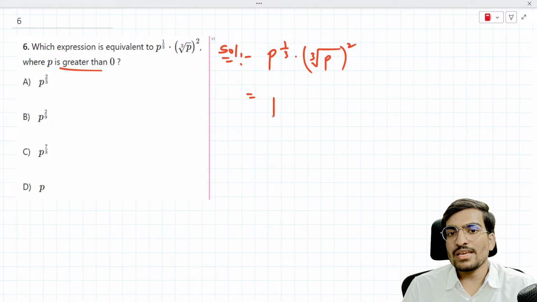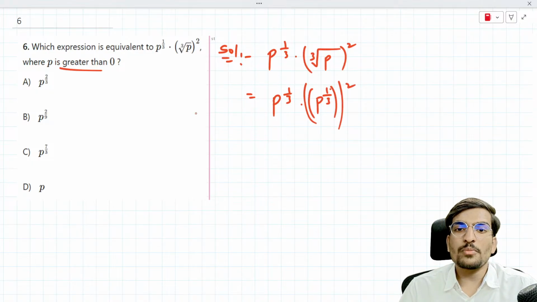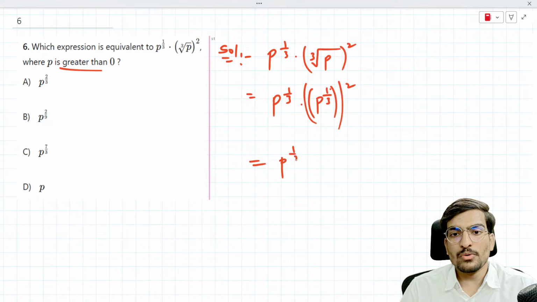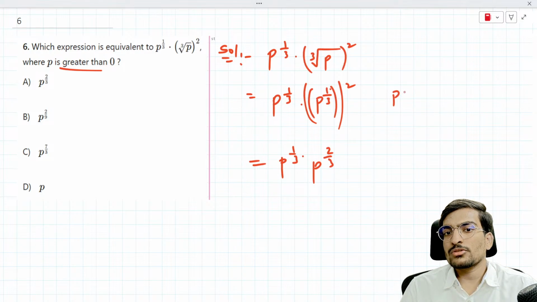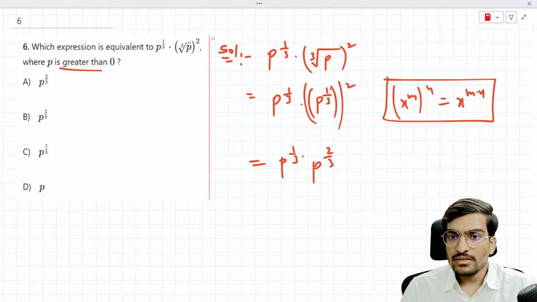When bases are the same, p raised to the power of 1 by 3, p whole power 1 by 3, because I just turned that root into an exponent, because in the options there is no root, that's why I did it this way. P raised to the power of 1 by 3 and p raised to the power of 2 by 3. I just applied the power rule here: x power m whole power n equals x power mn. So I just applied this.